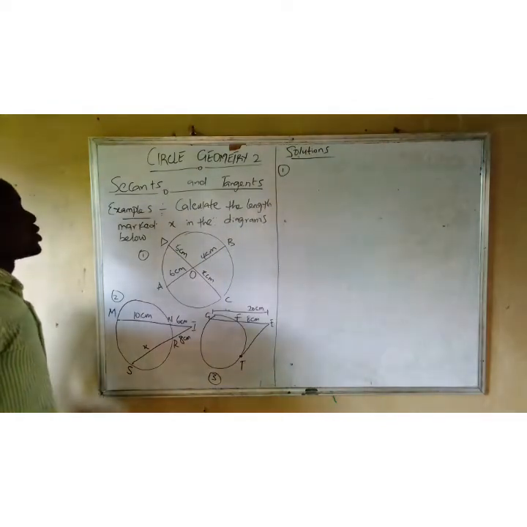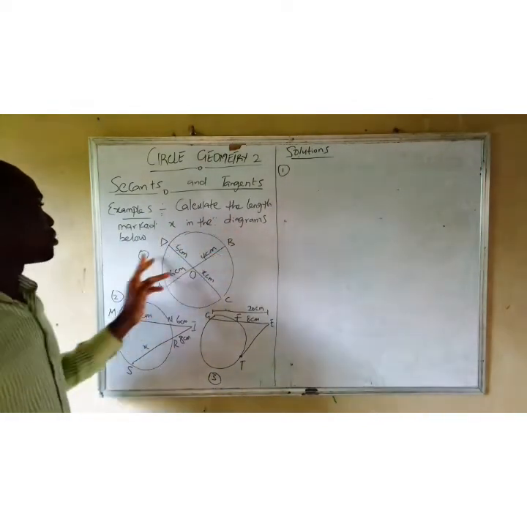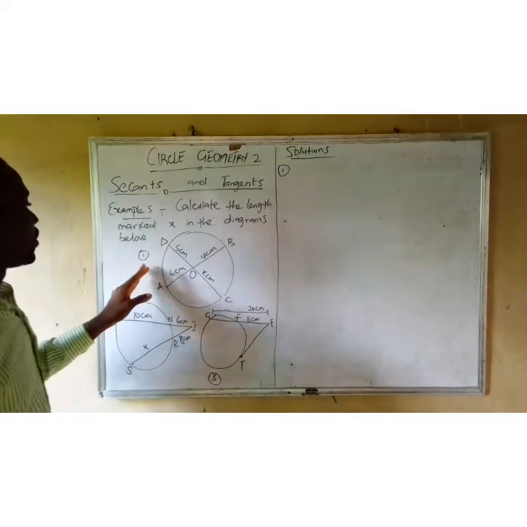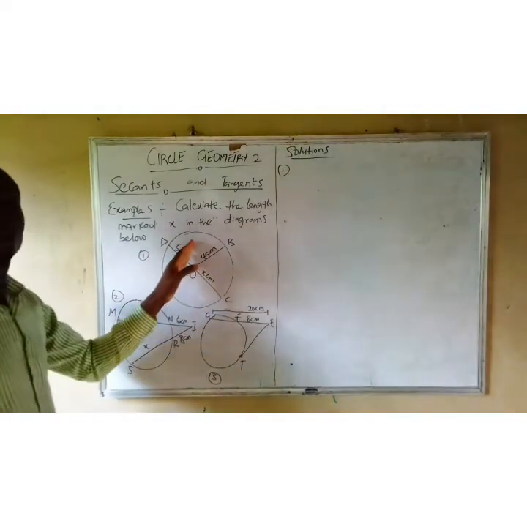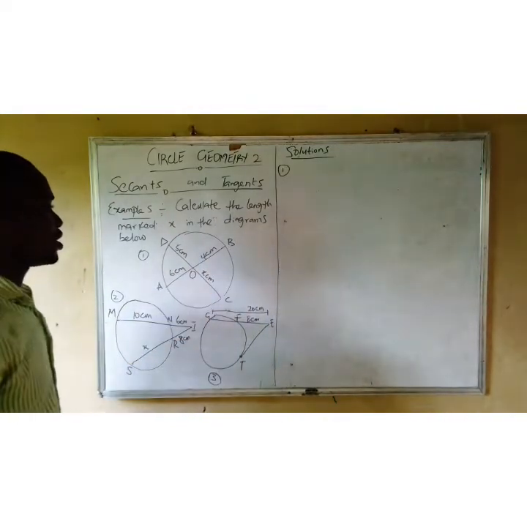Now this example says calculate the length marked X in the diagram below. For question 1's diagram, I look for X. How will we find X? Very simple.